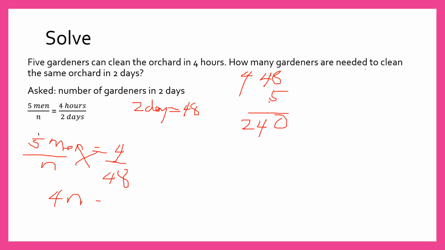That's 240 divided by 4. So 24 divided by 4 is equal to 6. That means 60. So 60 men could work for 2 days. Okay, so we have 6. Wait.